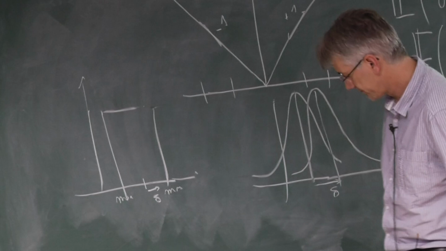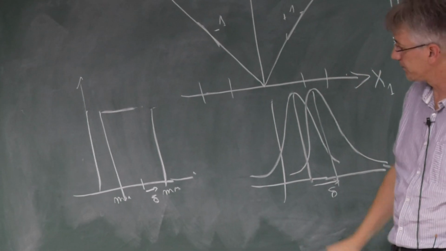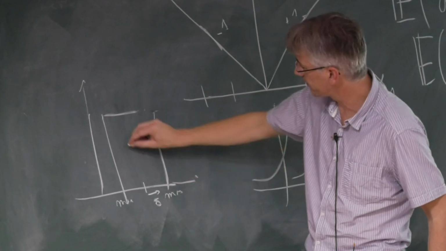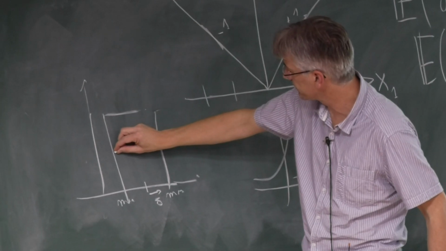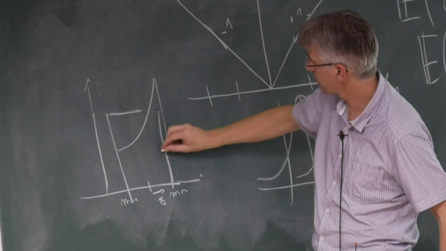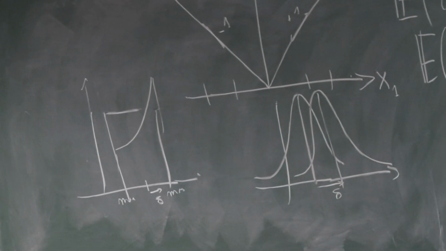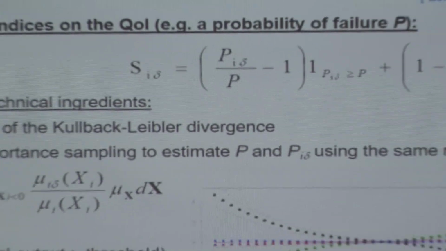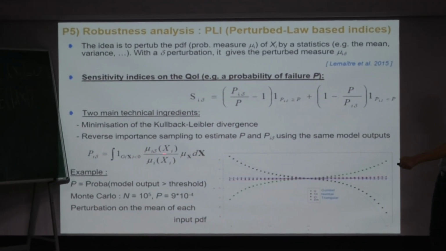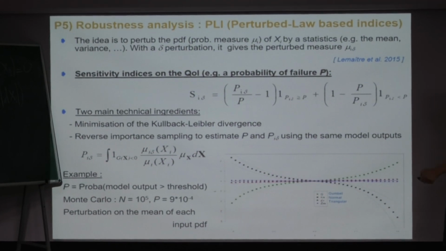So I move my mean by delta. It becomes something like this. So it's no more a uniform distribution. This is one of the main ingredients: to define a new distribution, mu i delta.